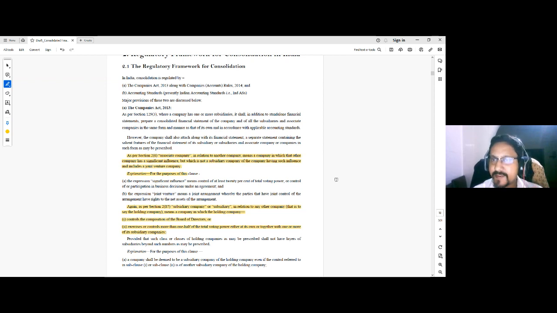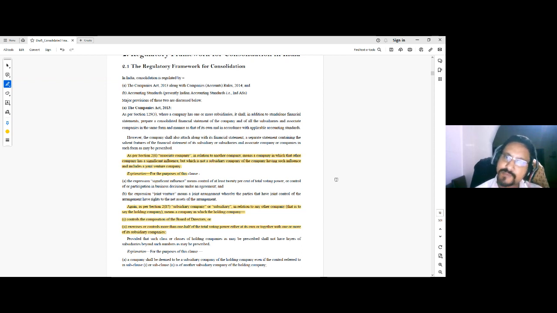Then this is my subsidiary company with which I am to consolidate. Secondly, there may be an associate company in which I have significant influence, which means I have acquired 20% to 50% of the voting power of that company, or by virtue of an agreement, I can participate in the business decisions of that entity.